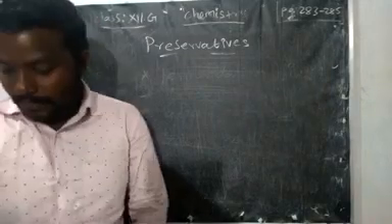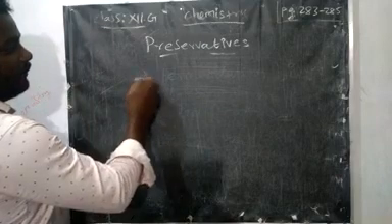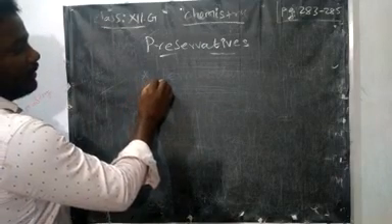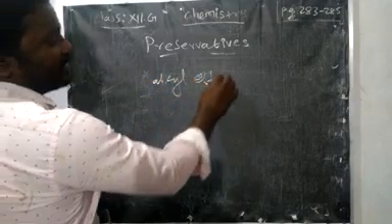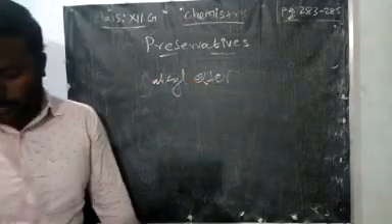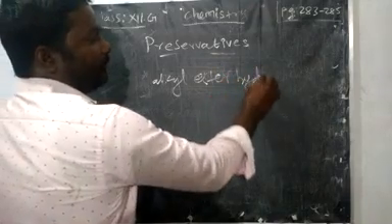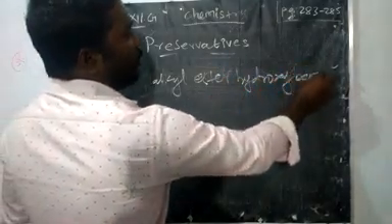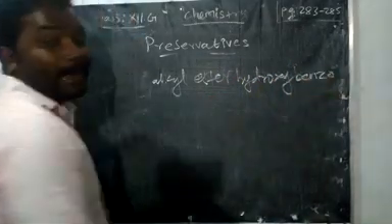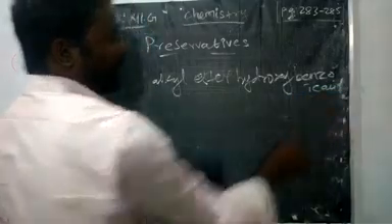For example, we can see alkyl ester of hydroxybenzoic acid, an ester with some alkyl group. You have to remember all the naming system, right? Then only you can remember.